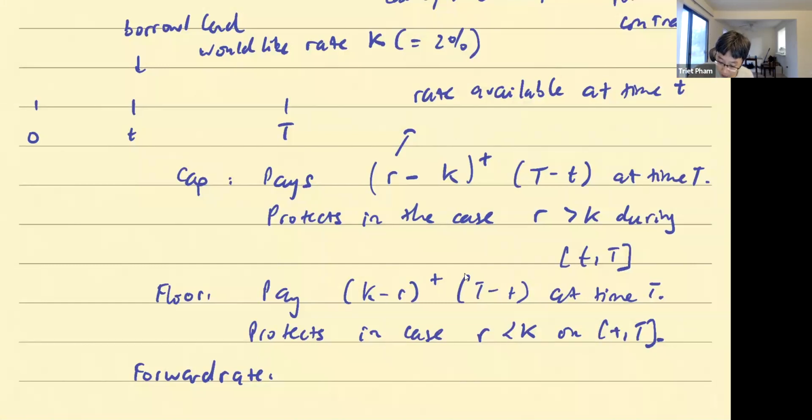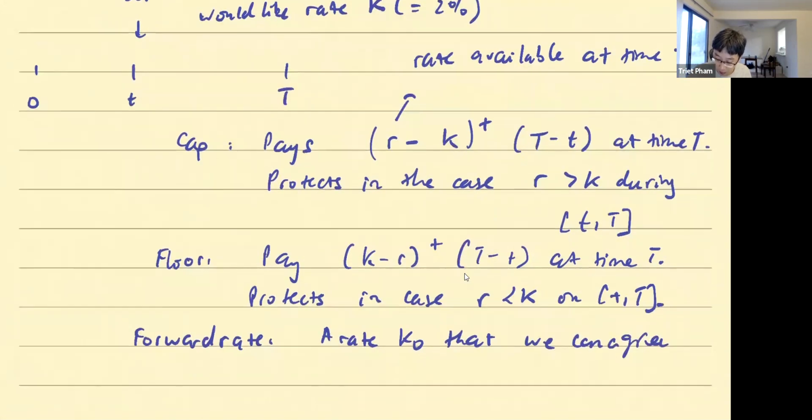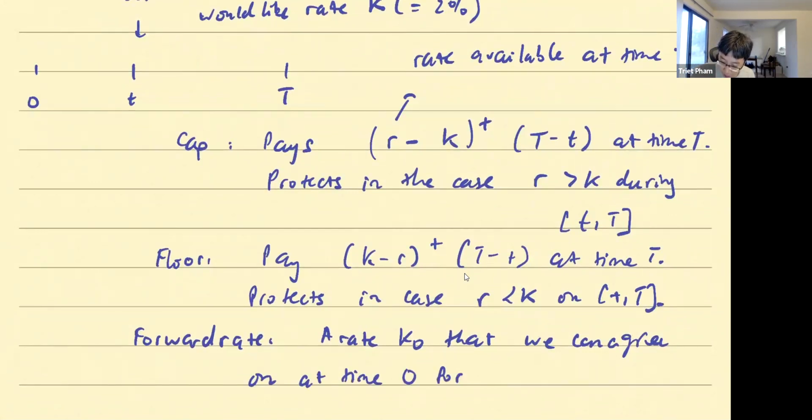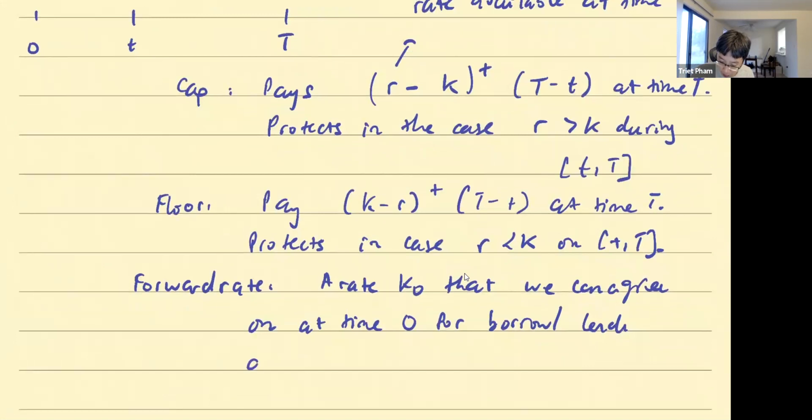So forward rate is exactly a rate K0 that we can agree on right now, at time 0, for borrowing or lending at time t, without paying anything, to enter the contract.